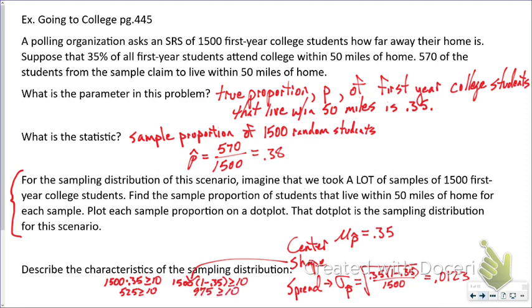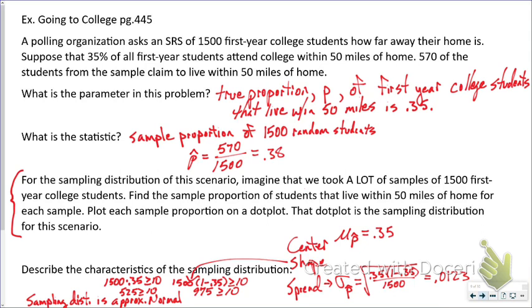I haven't described the shape. That just tells me what I need to say. I know that the sampling distribution is approximately normal. And now I've described the characteristics of that sampling distribution. I know the center, I know the spread, or standard deviation, and I know the shape is normal.